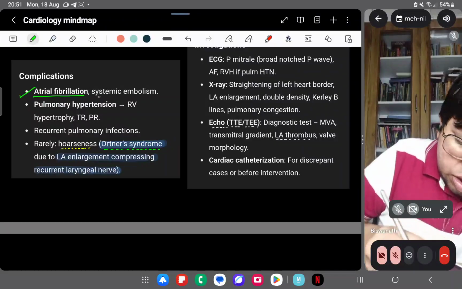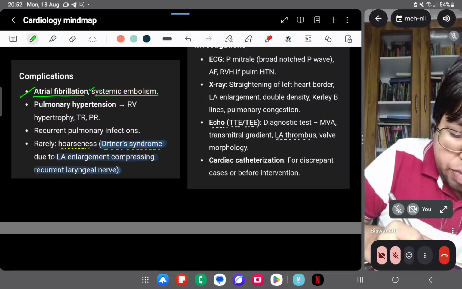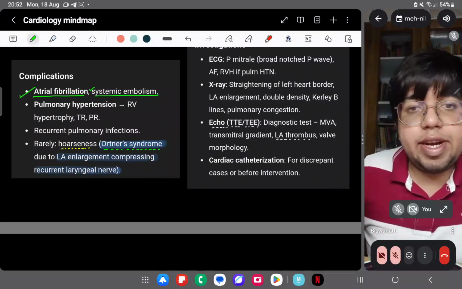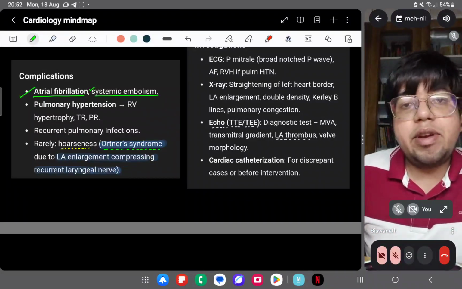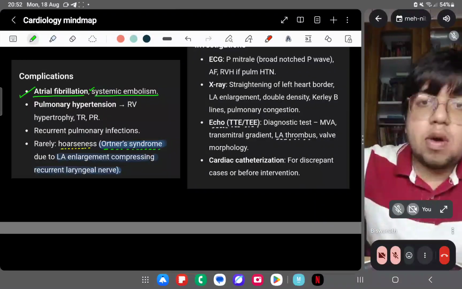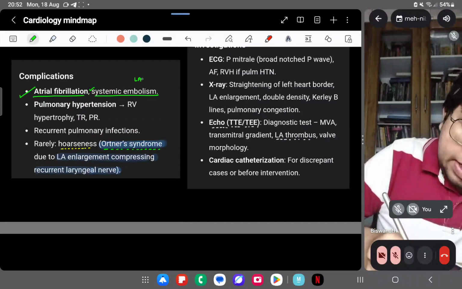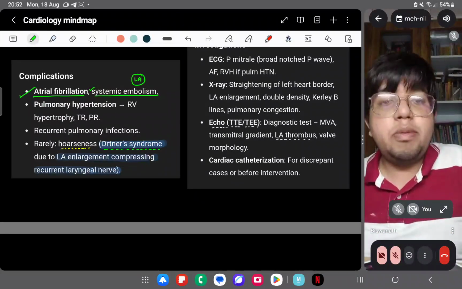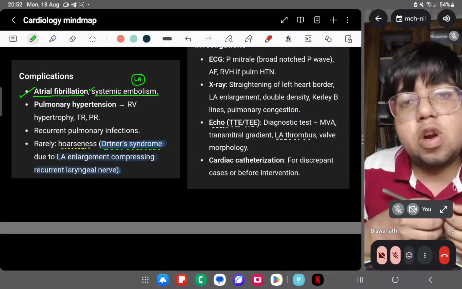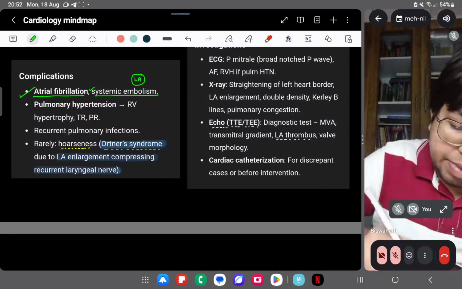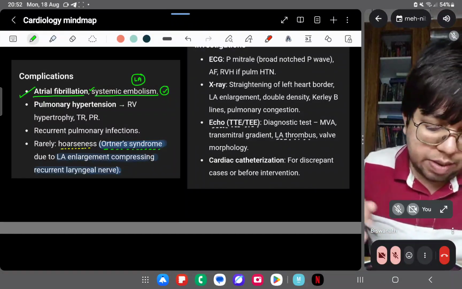Atrial fibrillation, we told, can cause systemic embolism. Left atrial thrombus can break and cause embolization. Left atrial clots will travel and cause embolization throughout the body. If there is a clot in the left atria, the blood will be pumped to the left ventricle, and the left atrial clots can dislodge anywhere. It will cause a systemic embolism.